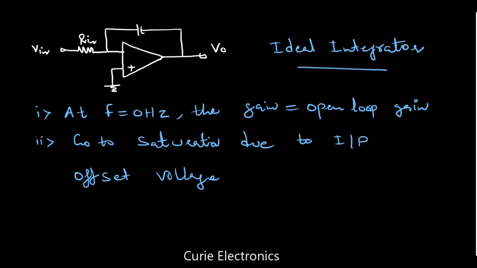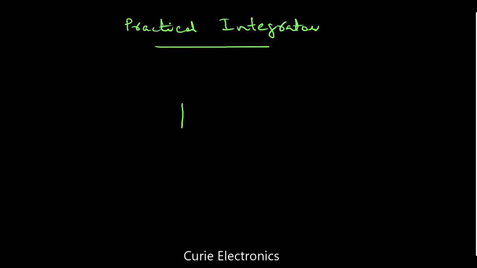So let's learn about the practical integrator. I'll put the values also. This is a circuit I have made and tested. We take an op amp. I applied minus 12 volt to the negative supply terminal and plus 12 volt to the positive one.